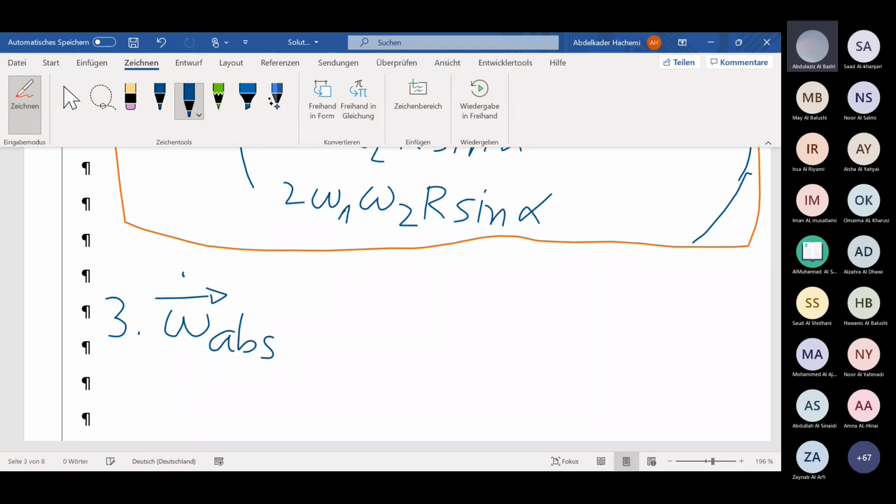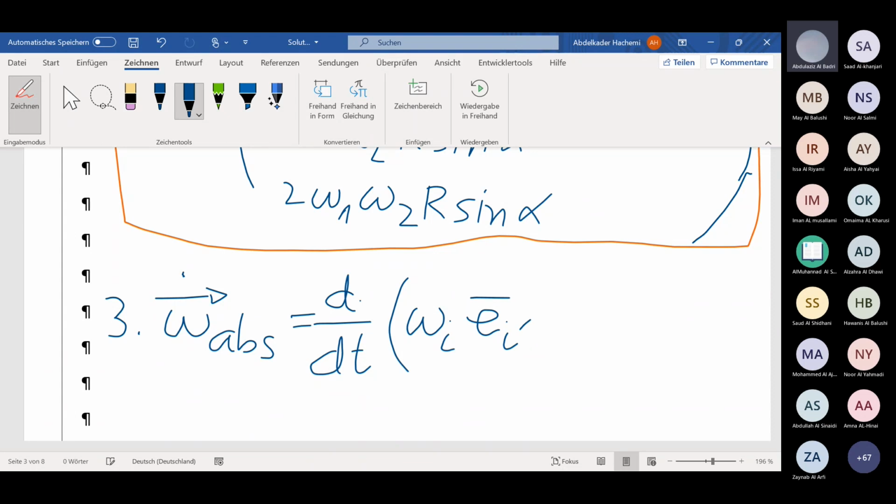I write it like this. This is only the derivation, equal to d over dt of omega, let's say I call it I in general, projected along a relative coordinate system.